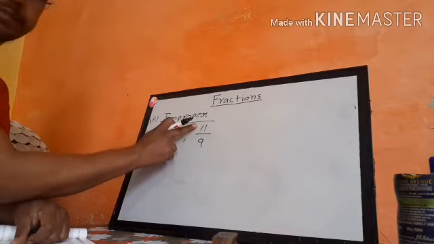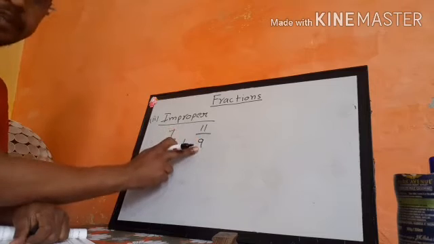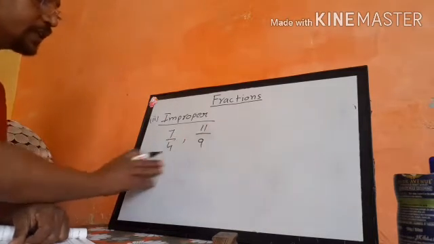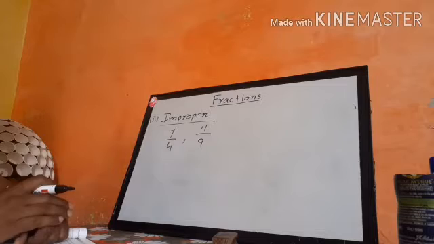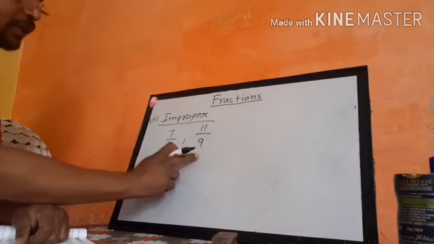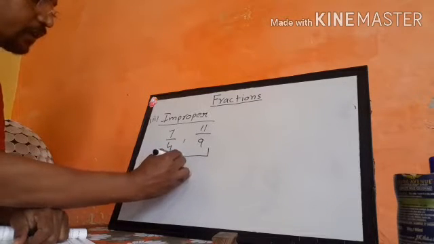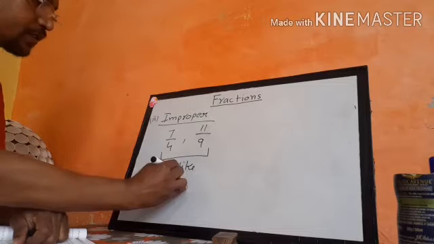Here the numerator is greater and the denominator is smaller. So these are examples of improper fractions. Also, if you compare these two examples, you can find they are unlike fractions.